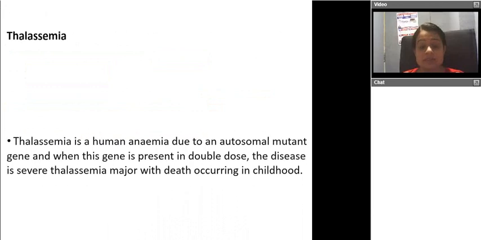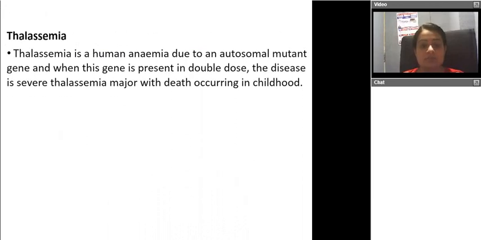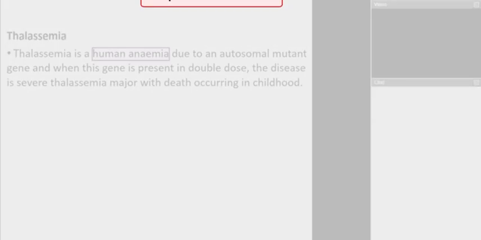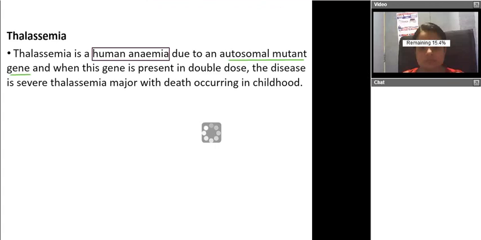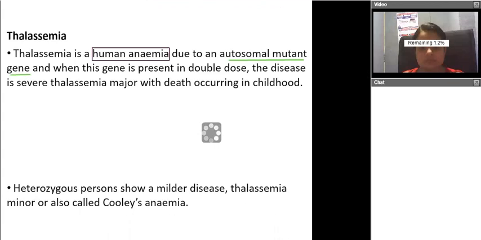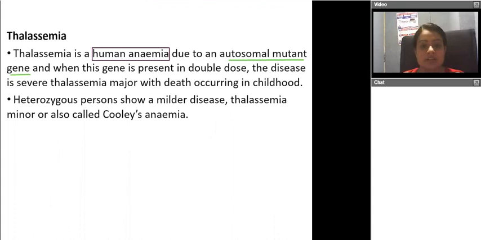Next is thalassemia. Thalassemia is nothing but human anemia, which develops due to an autosomal cause. The disease is severe in thalassemia major, resulting in death of the individual in childhood.